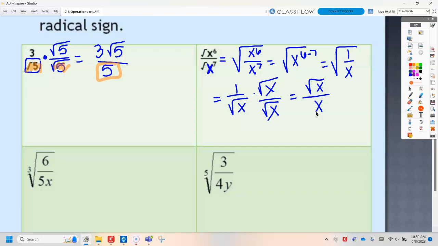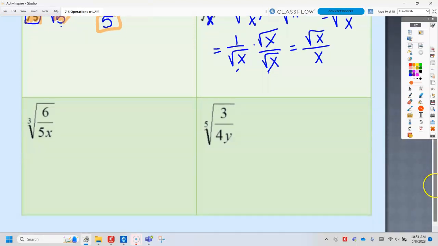Square roots need 2. Cube roots need 3. So 1, 2. Cube roots need 3.